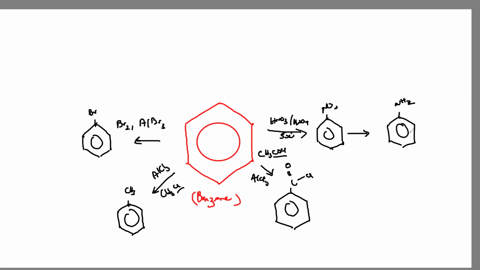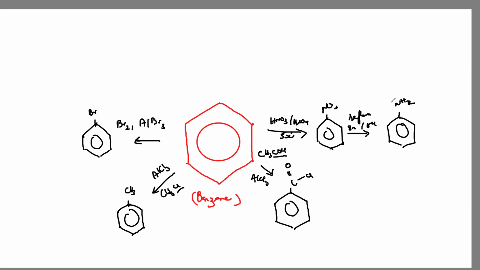Here we have to do two things. We have to reflux with tin and concentrated hydrochloric acid, and then add sodium hydroxide. The first thing is a reflux, with a mixture of tin and HCl.